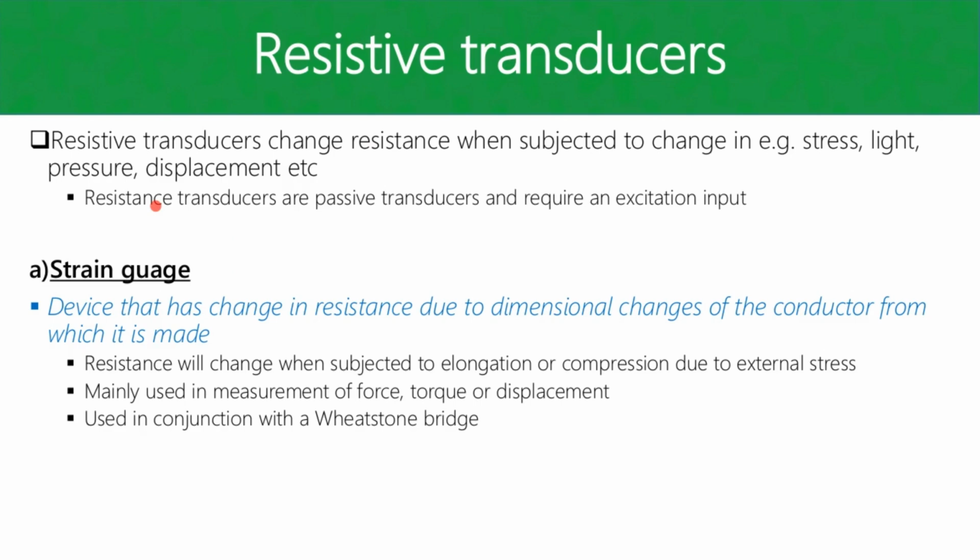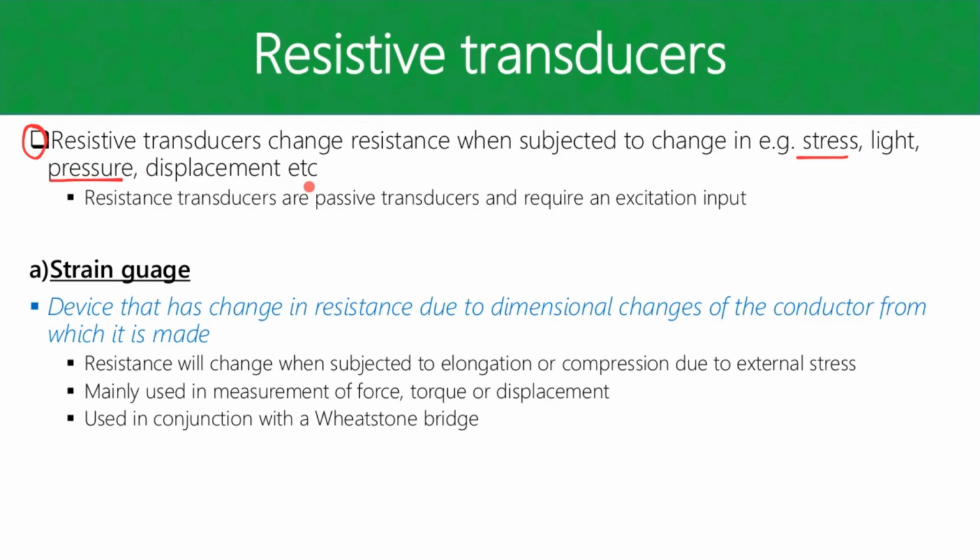Right, so basically what the strain gauge operates on. Well, if we take a look at what resistive transducers do in general, they will change resistance when they are subjected to some form of physical change. And that's going to depend on things like stress, so basically deformation, some way or another.